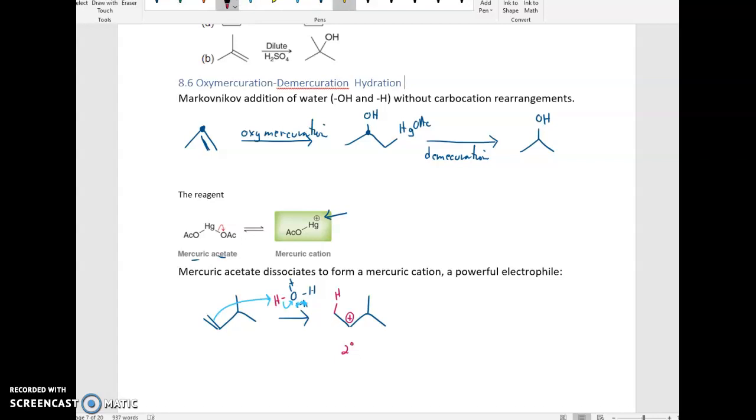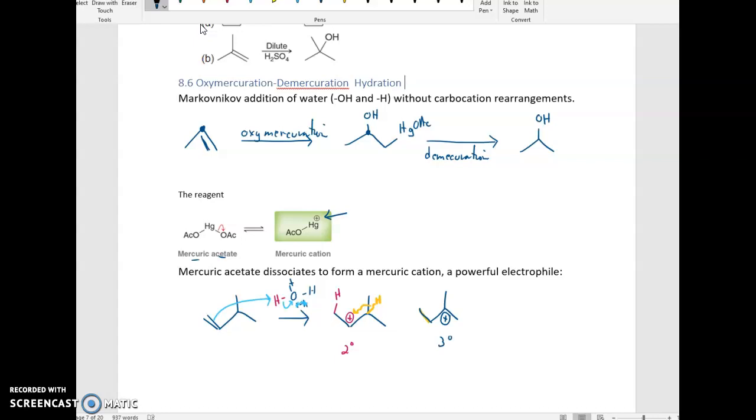There can be a hydrogen here, and it's going to migrate down to that carbocation. We'll get a carbocation that's tertiary and more stable.